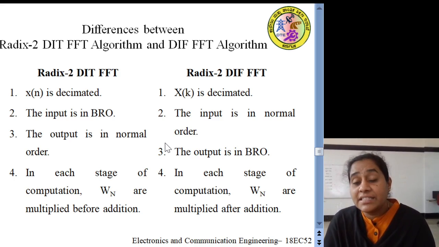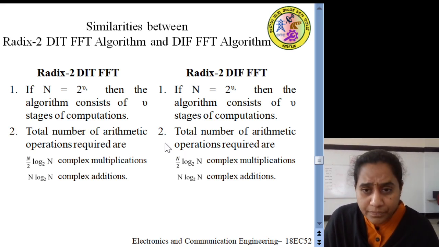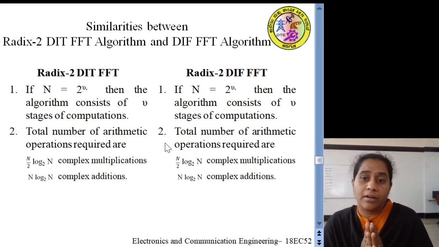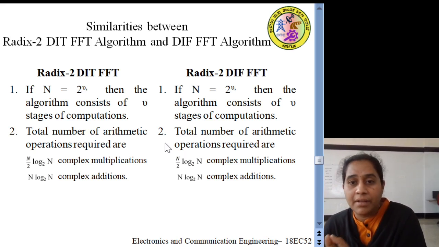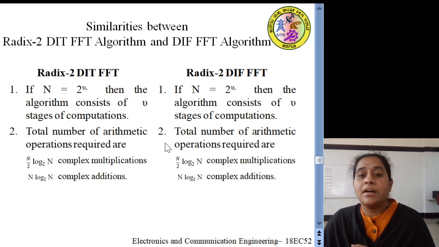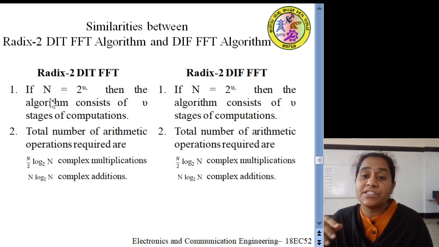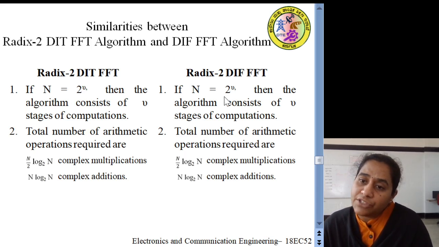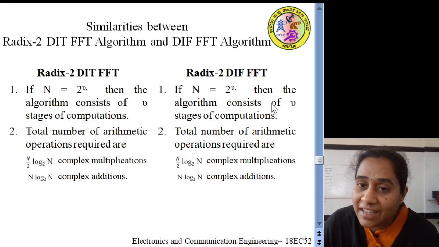Now, let us see the similarities of these two algorithms. If we observe the N-point DFTs found using the DIT FFT algorithm and the DIF FFT algorithm, the first similarity is, if N is equal to 2 power nu, then the algorithm consists of nu stages of computation.